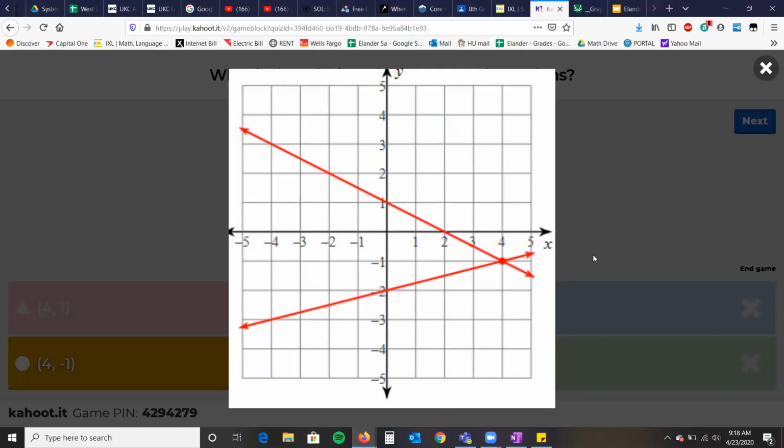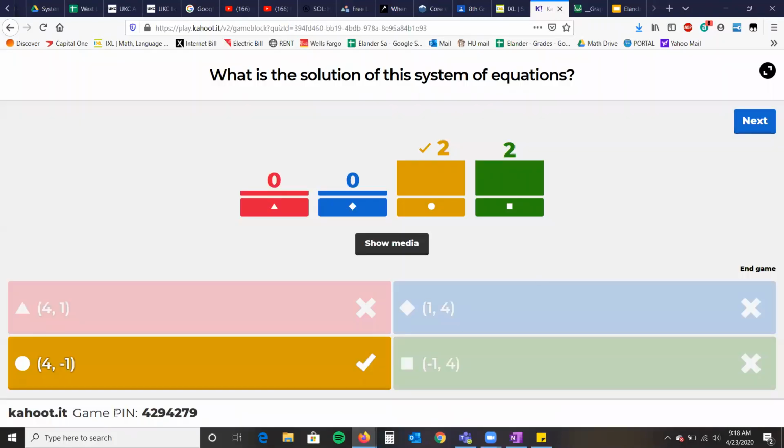But as far as just finding a coordinate spot, we start at the origin and go left or right, and then up and down. So we had to go 4 to the right, down 1. So that's why it's 4, -1.